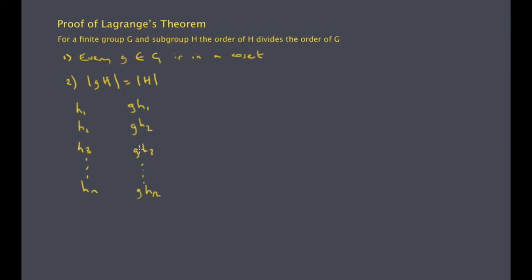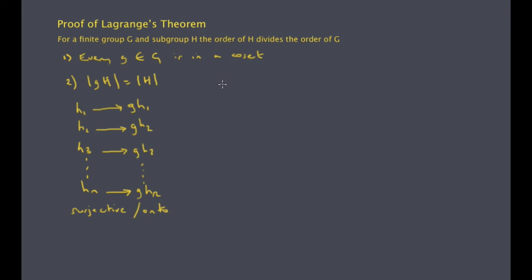So for the mapping to be surjective, every element of the coset must be mapped to by an element of the subgroup H. And we can see that this is obviously the case because H2 maps to gH2, H1 to gH1, all the way through to Hn mapping to gHn. So this is a surjective, or onto, mapping.